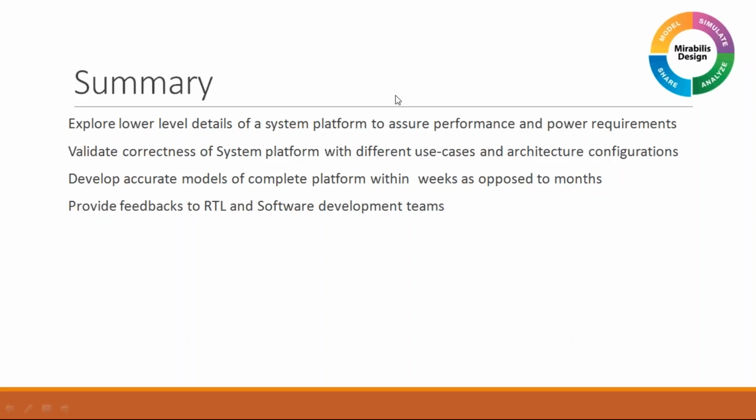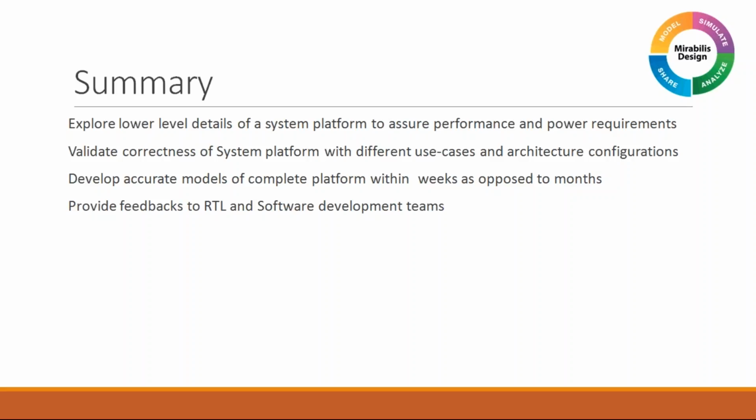Okay. So to summarize this webinar, the major reason for considering cycle-accurate level modeling with VisualSim is that it helps you explore lower levels of detail of a system platform with very little effort on constructing the model, while you can spend more and more time on analyzing to make sure your non-functional requirements, be it performance or power or utilizations and things like that, meet your requirements.